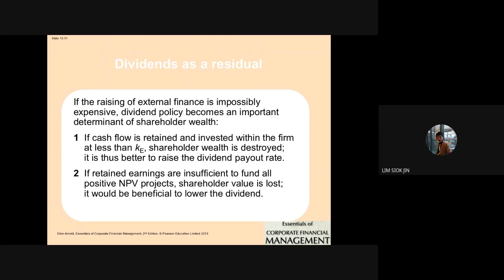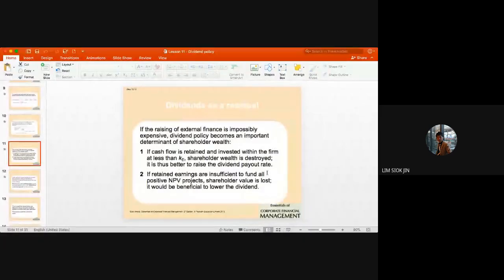So by not taking up the project and paying shareholders this dividend, you will make shareholders happy for now, but you are actually also destroying their wealth because you can take up this project and make them wealthier. All right, so these are the theories of dividends as a residual.